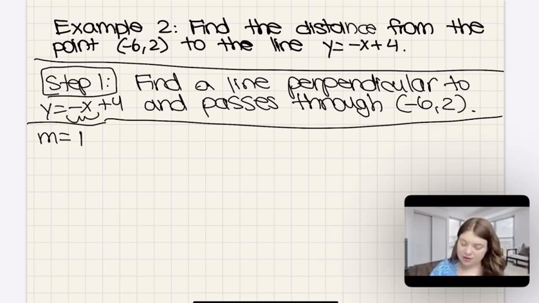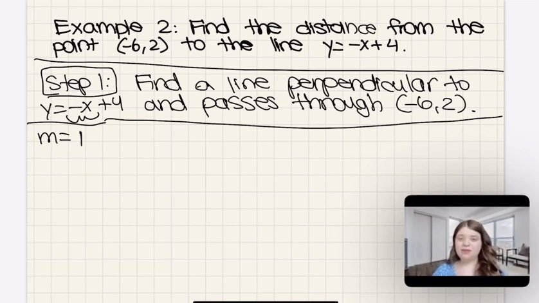The negative represents -1 because there's no number with it, like -1 times x. If we take the reciprocal of 1, we just get 1 back. If we apply a negative to an already negative number like -1, we get +1. Therefore, our slope of the perpendicular line is 1.